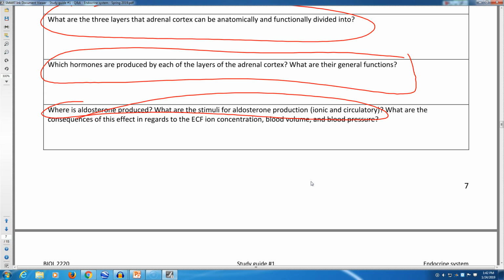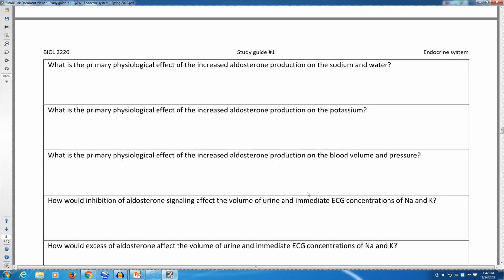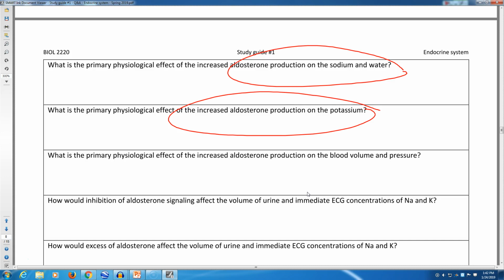Are we clear? Sodium and water retention. Now, the third stimulus is potassium. Remember, elevated potassium leads to increased aldosterone production, and aldosterone will increase potassium excretion. We good?